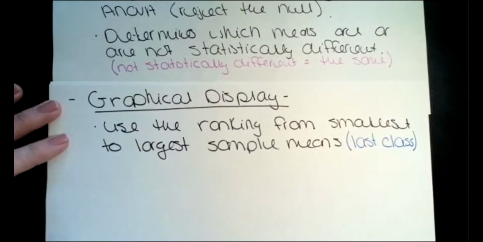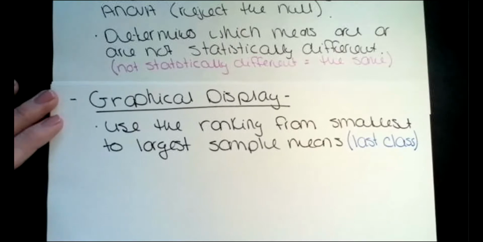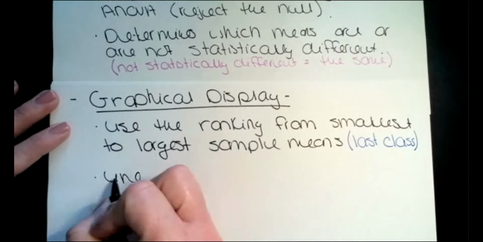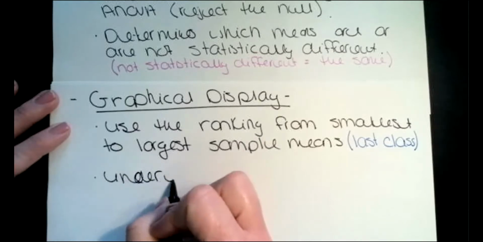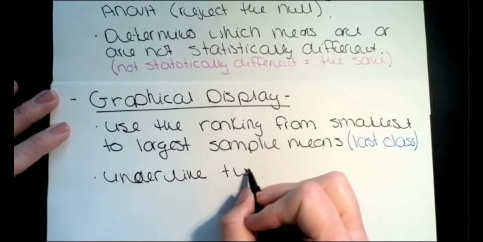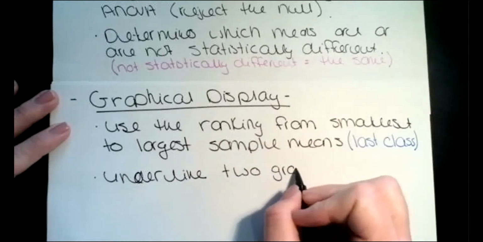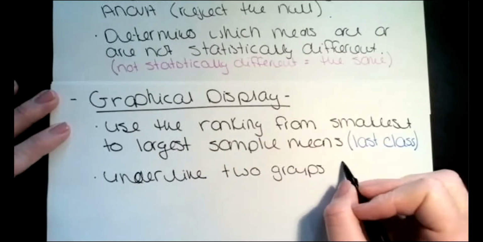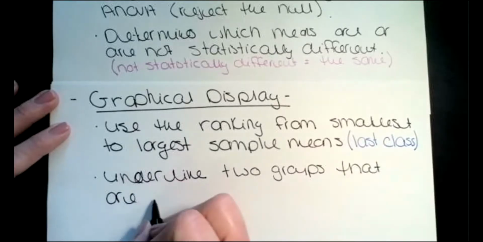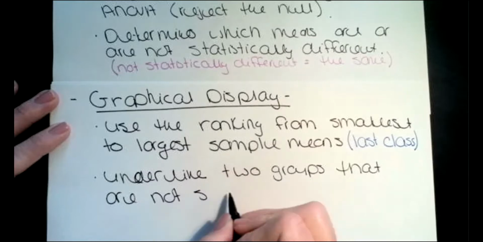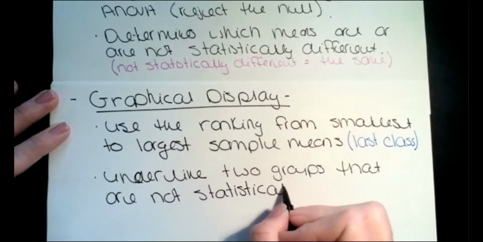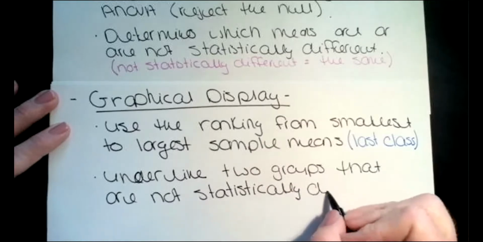So this is the graphical display. It just gives you a visual. So what we're going to do is underline two groups that are not statistically different.